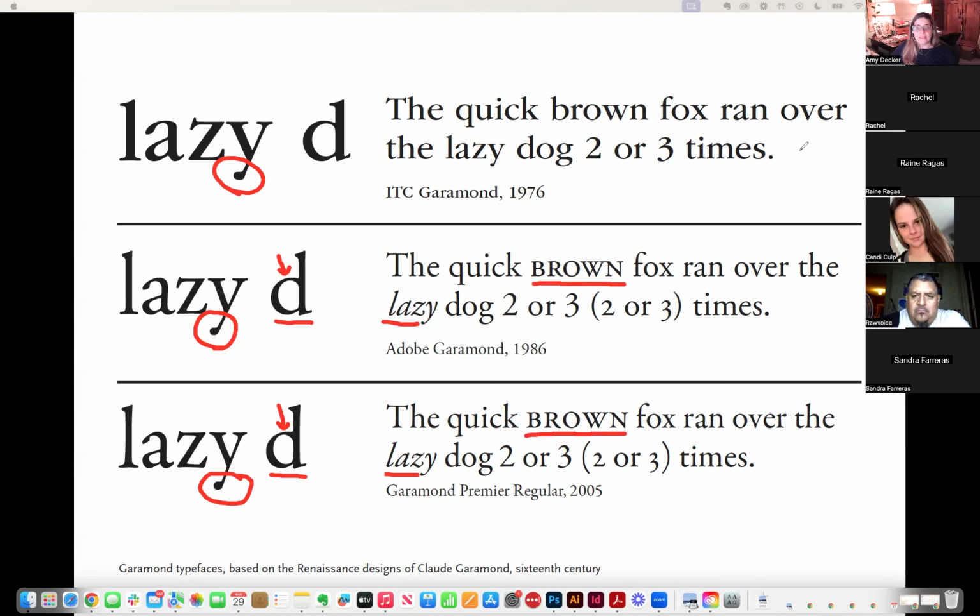And the first one, of course, has neither. These are called lining numbers, and these are called old style numbers. They're giving you both choices. Lining numbers behave like capital letters, and old style numbers behave like lowercase letters.